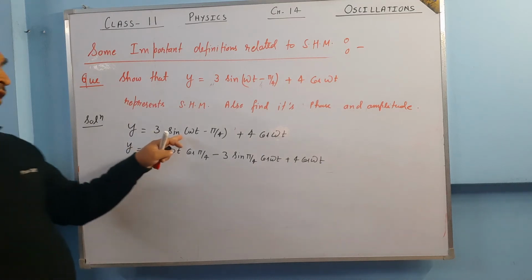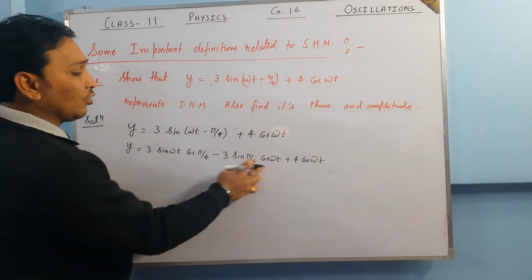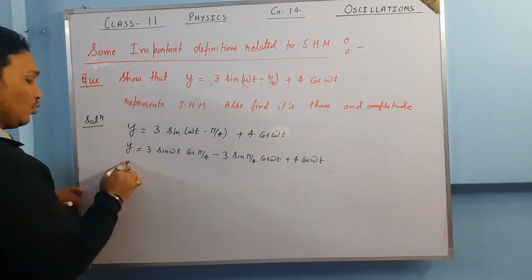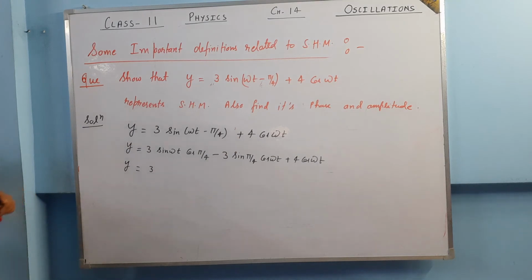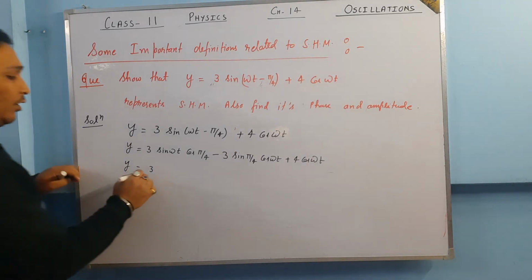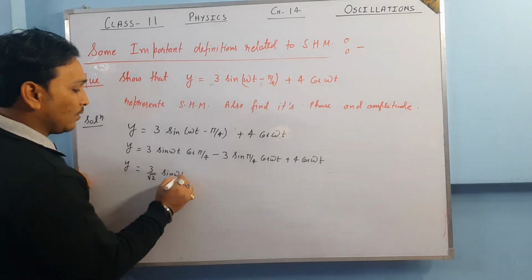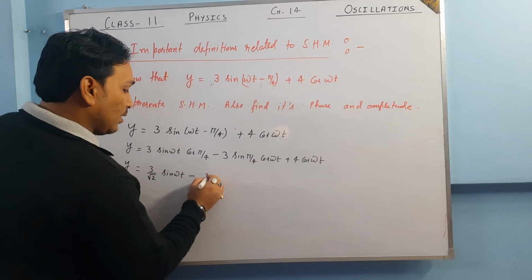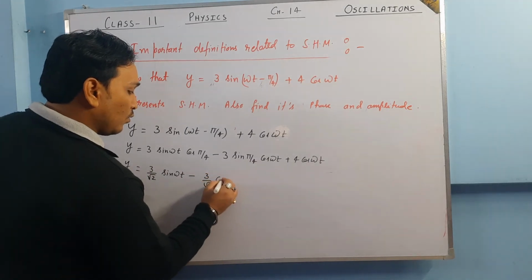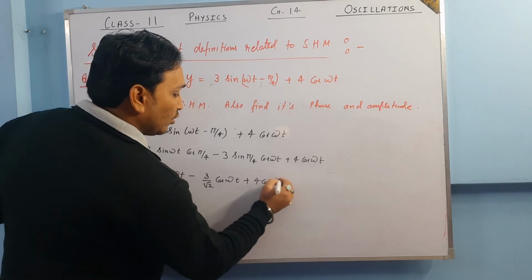What I have done is applied the sin(A minus B) formula over here: sin A cos B minus cos A sin B. So y is equal to 3, the value of cos pi by 4, 45 degrees, is going to be 3 by root 2 sin omega t minus 3 by root 2 cos omega t plus 4 cos omega t.